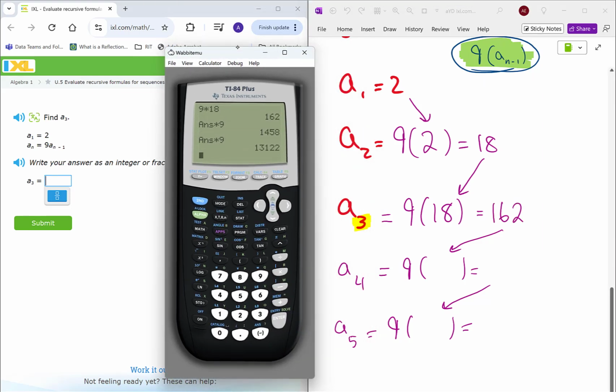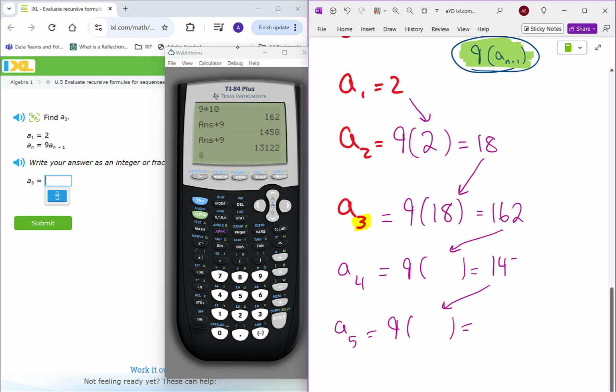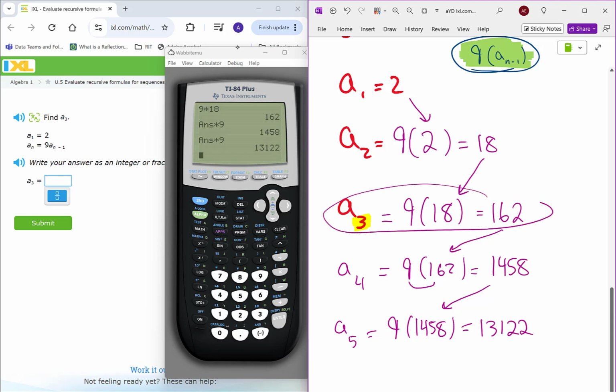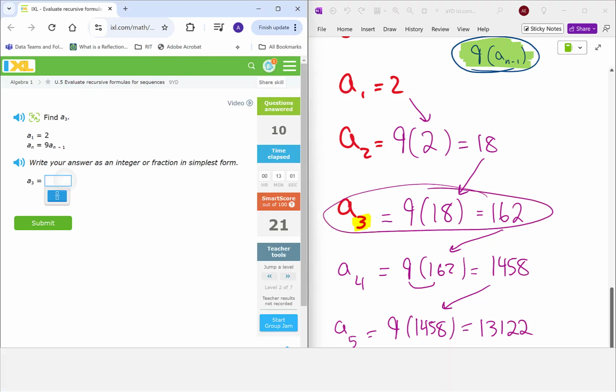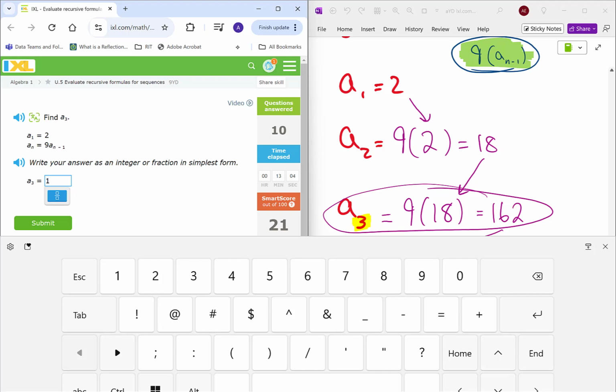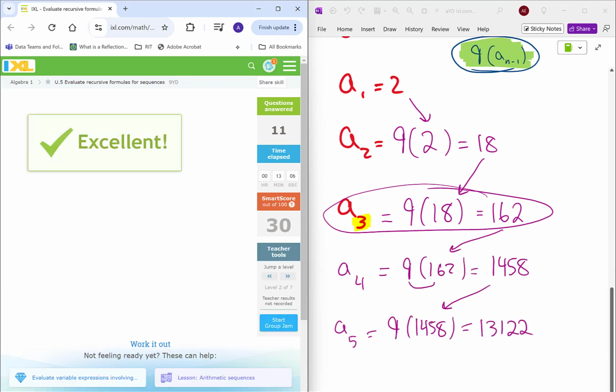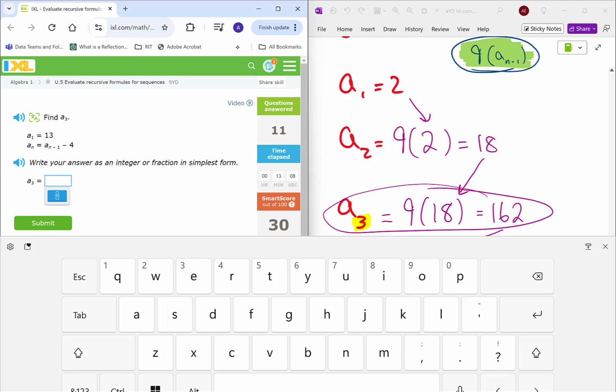And then if I were to finish it out, it would be 1458, because it's that 162 times 9. And then it's that 9 times 1458, which is going to give me 13122. But either way, they didn't ask for the fourth or fifth term. They just asked for the third term, 162.